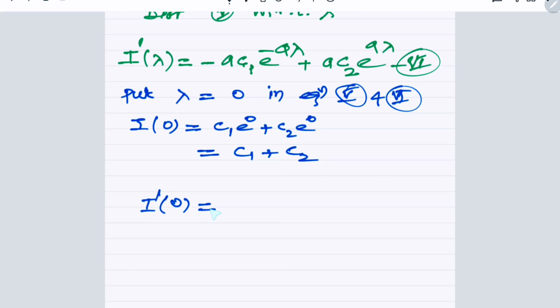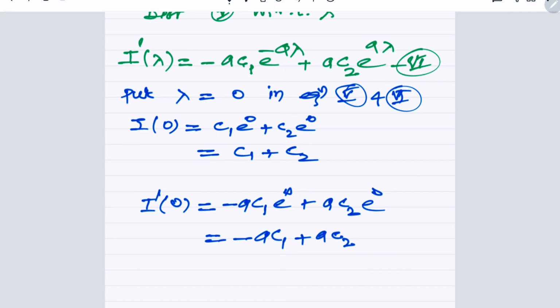And I dash of 0 as minus a c1 into e raised to 0 plus a c2 e raised to 0. Again e raised to 0 is 1, therefore it is minus a c1 plus a c2 as I dash of 0. This combined we call equation number 7.